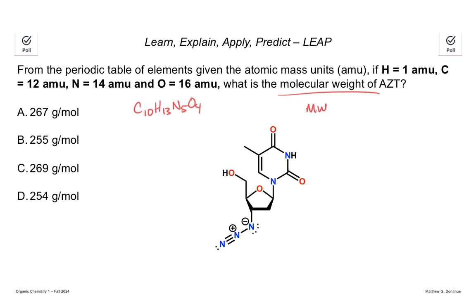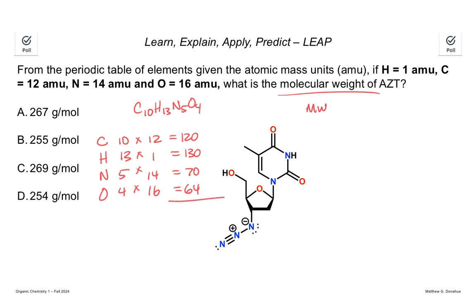And if we recall from general chemistry how to do that, let's just set up some columns. C, H, N, O. How many of each? The atomic masses of each: 12, 1, 14, 16, and then multiply. Oh, that's 13, not 130.